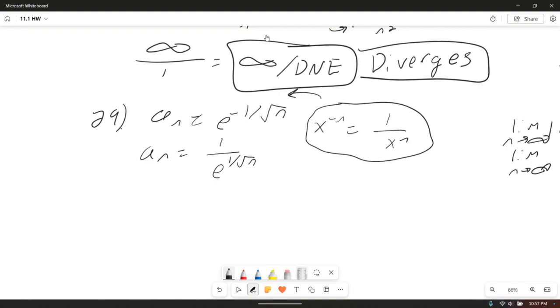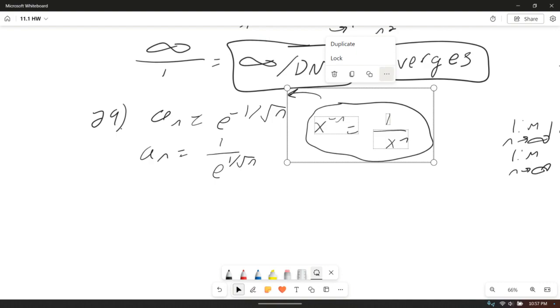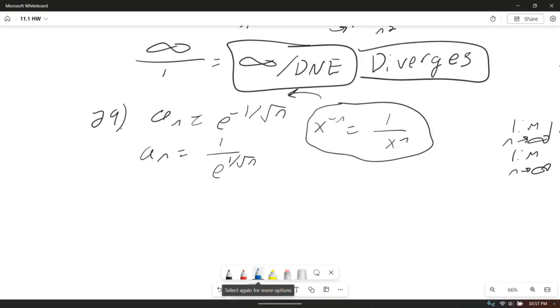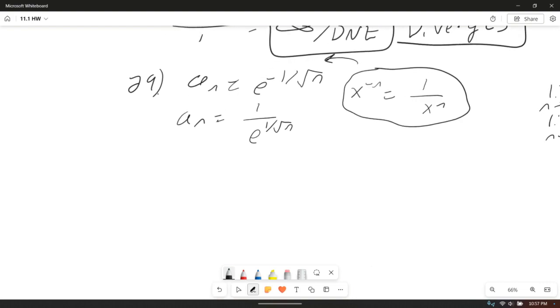Right, and I could probably write this in blue or whatever, just to differentiate it from the problem. And we could take the limit as n approaches infinity of 1 over e to the 1 over square root of n. There's another limit rule, and this applies for any limit.